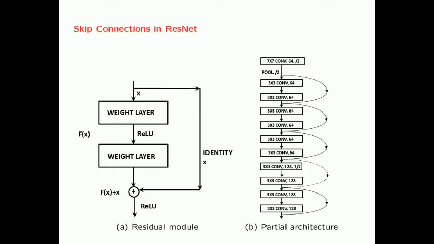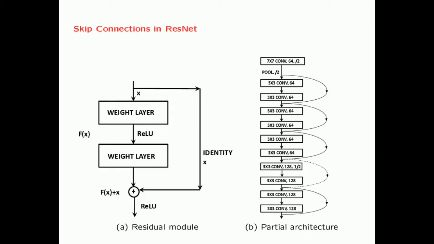So the idea really here is that it's going to use whatever level of nonlinearity and processing is required to capture the complexity of a particular part of the image. Now note that even in the case of GoogleNet, we achieved this type of idea using a different principle of an inception module. Here we are doing it with the use of skip connections.